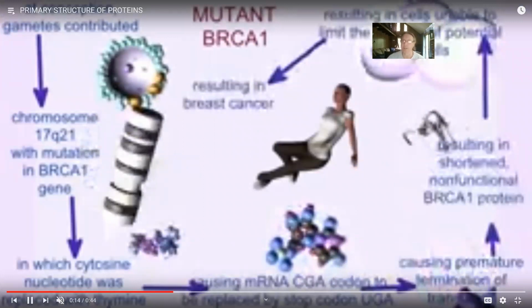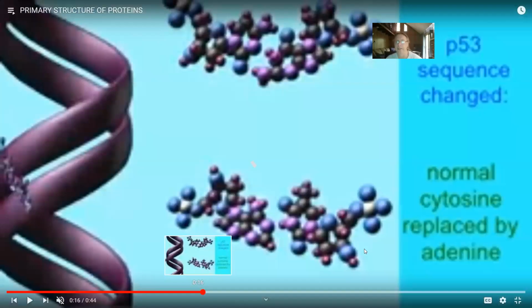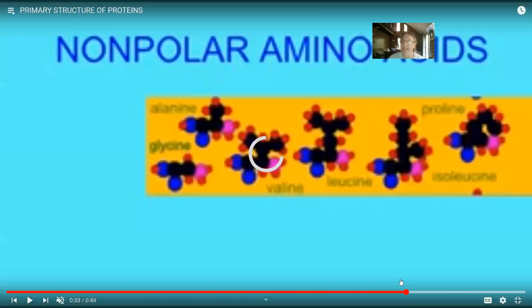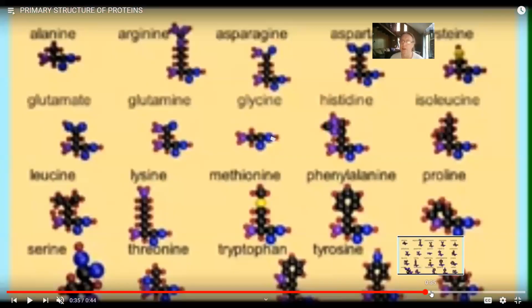So this video on translation is part of a sequence of videos which go through not only DNA, which is on chromosomes, but which then gets copied into the mRNA in the process of transcription, and then using the tRNAs which were discussed in the previous video in this sequence, translation can occur.